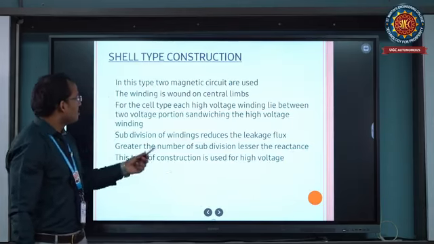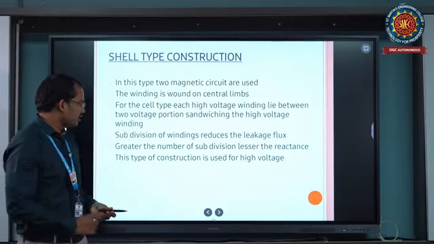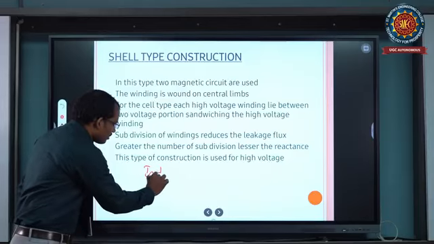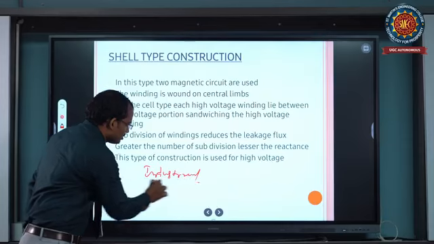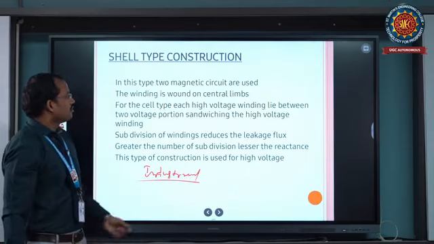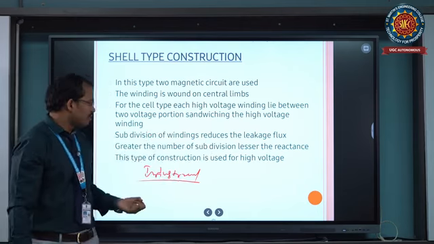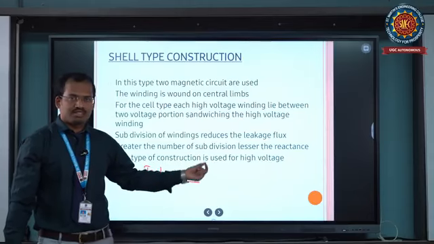The shell type of transformer is basically used at high levels. High voltage means industrial purpose. So these shell type transformers we use for industrial purposes. And core type transformers are for low voltage applications, low voltage meaning housing purpose, domestic purpose.